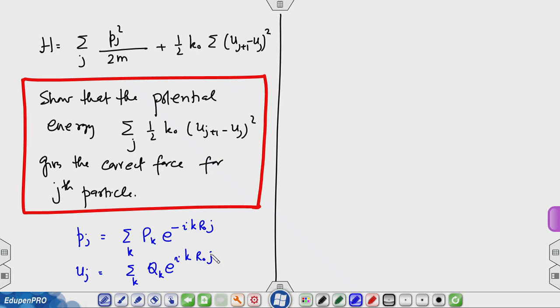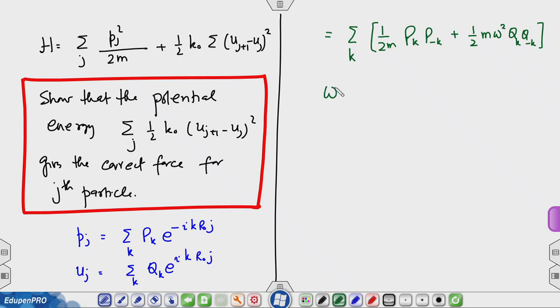You substitute this in, and what you get after some manipulation, and this I am leaving for you as an exercise, you are going to get this as equal to summation k of 1 over 2m p_k p_minus k plus 1/2 m omega squared q_k q_minus k, where omega squared is what we had derived in lecture 25.